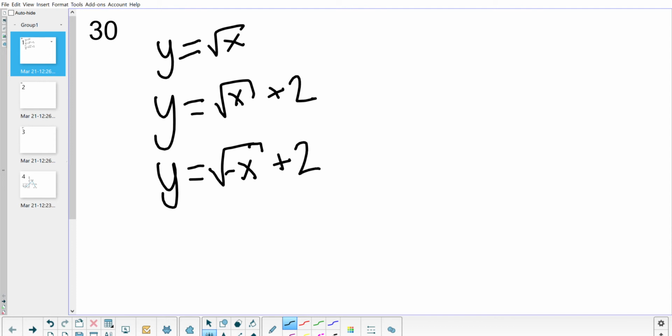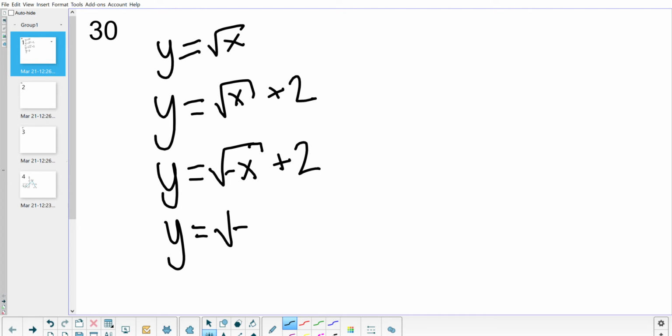And then this last one is what makes this tricky. The last part says shift it left 3 units. The complicated thing is shifting left and right when you're also reflecting over the y-axis. When I go to do that, I have to still keep this negative on the outside.